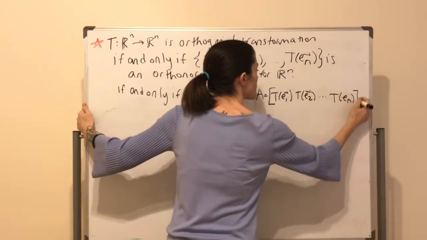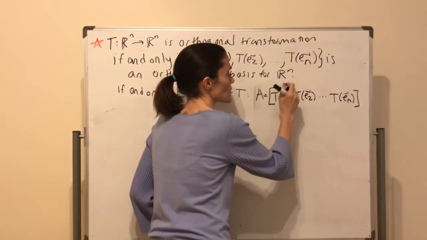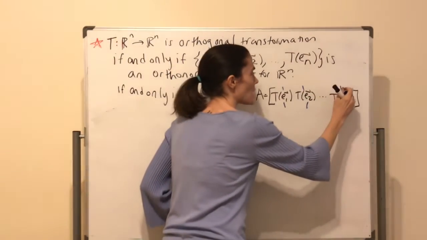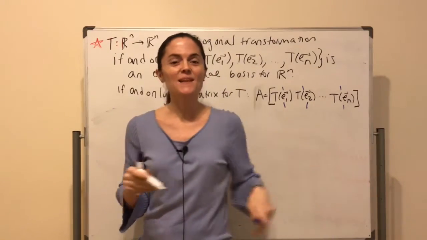And we practiced calculating some of these, right? How do you find the matrix for a transformation? Well, you evaluate T of each of these, put them as columns, then you have the matrix.